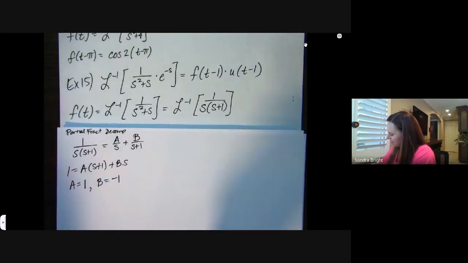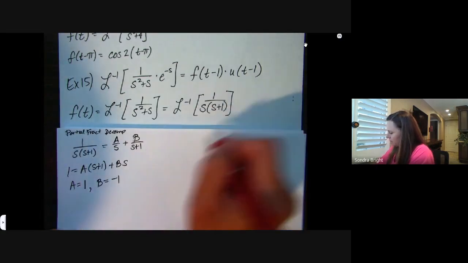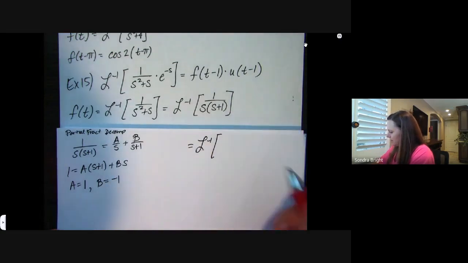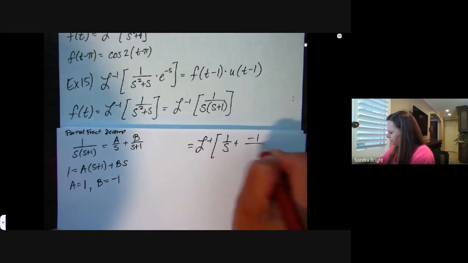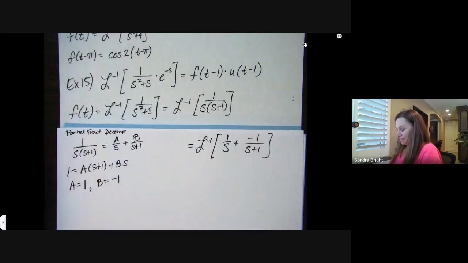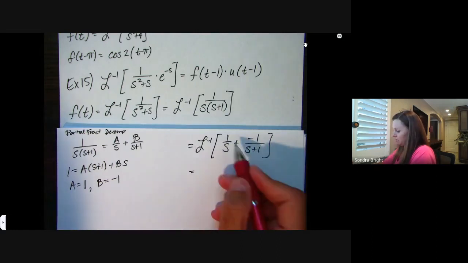So that means this is equal to the inverse Laplace transform of 1 over s plus negative 1 over s plus 1. Now what's the inverse Laplace transform of 1 over s? That's just 1.